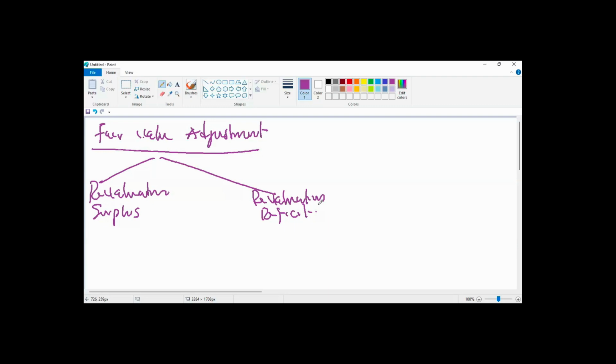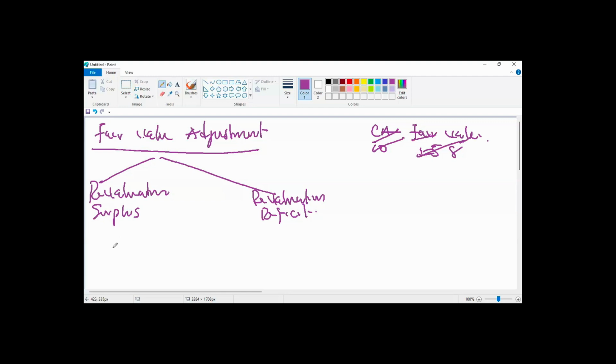If it is a deficit, you say the fair value is lower, below, less than the carrying amount. Or you want me to compare myself by giving me the carrying amount and today's fair value. If the carrying amount is 10 million and the fair value is 15, there is a surplus of 5. But if the fair value is 8 million and we have in the book 10 million, a deficit of 2.